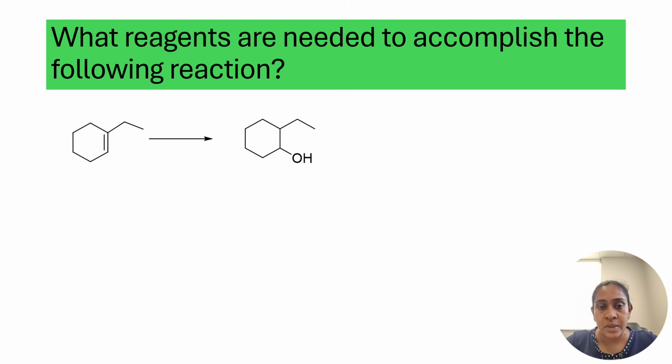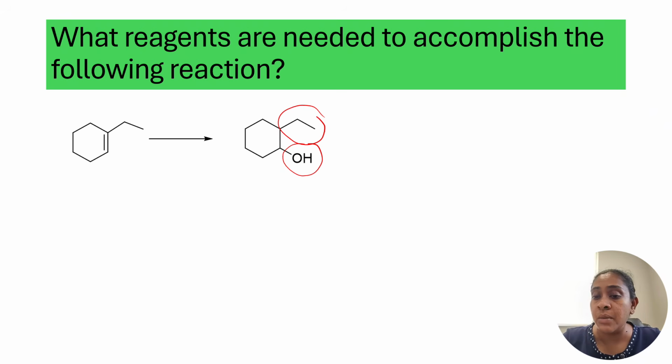This is the next question. What reagents are needed to accomplish the following reaction? Pause the video and take a moment to think about what is happening here. Look carefully at the regiochemistry of the target alcohol. The ethyl substituent remains on the more substituted alkene carbon, while the OH group in the product is at the less substituted carbon of the original double bond.